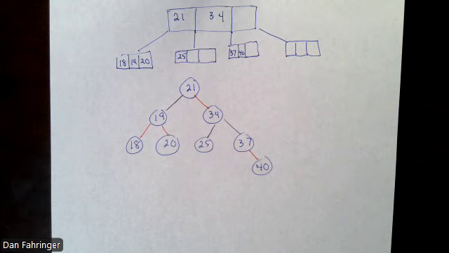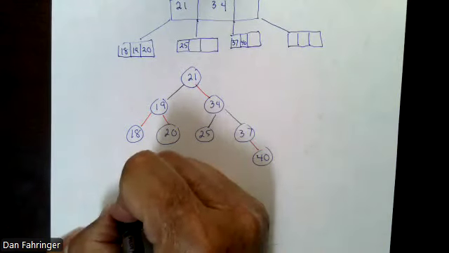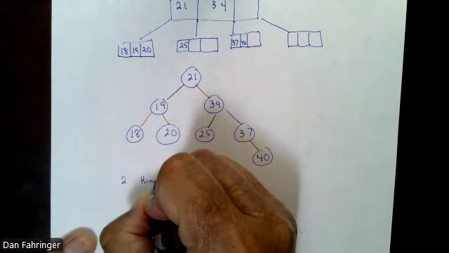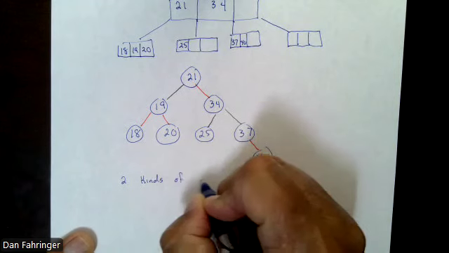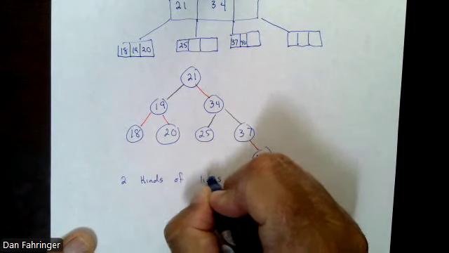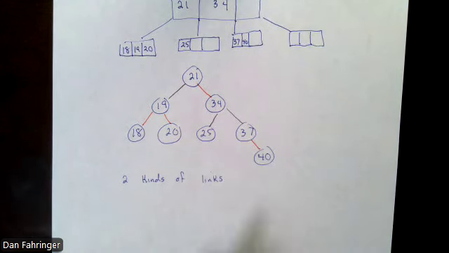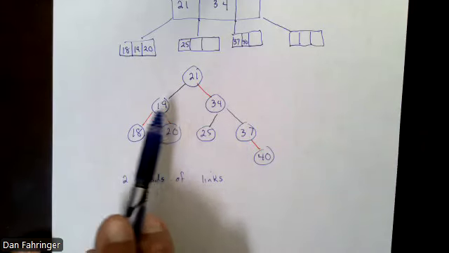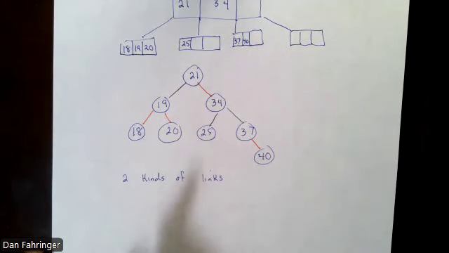Tell me what you think. What's the correlation there? So what do we have? We have 2 kinds of links. And of course, we can't do this on the computer. We'd have to somehow keep track of color with each one of these.